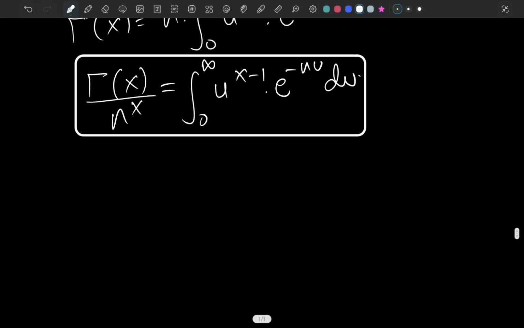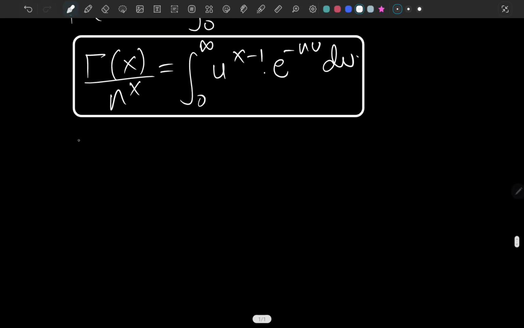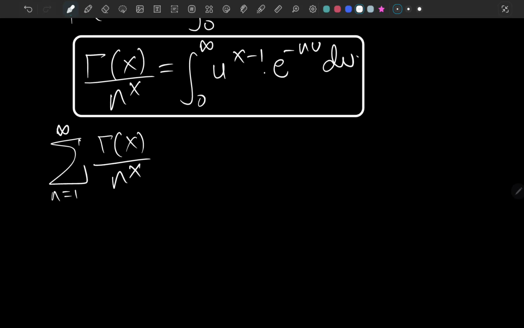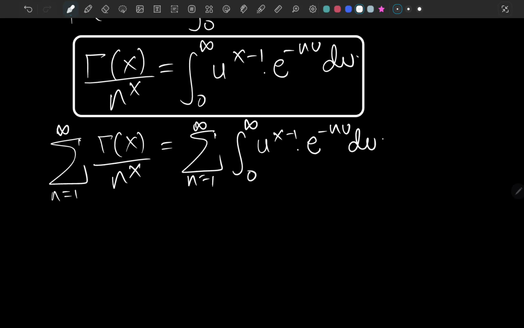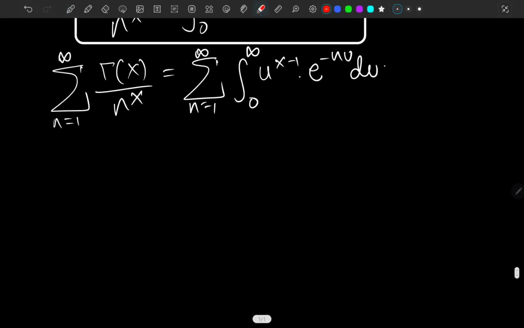Now we're going to take, on both sides, the infinite sum as n goes from 1 to infinity. Gamma of x over n to the x equals the sum as n goes from 1 to infinity of the integral from 0 to infinity of u to the x minus 1 e to the negative n u du. Since gamma of x is independent of n, it is going to be pulled out.